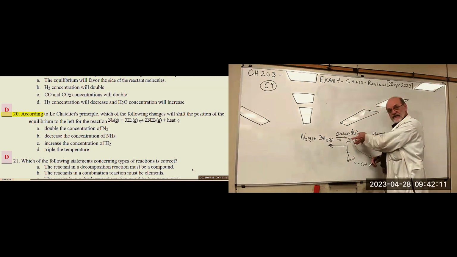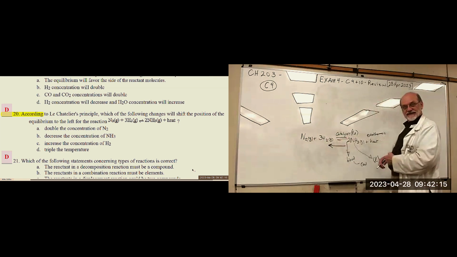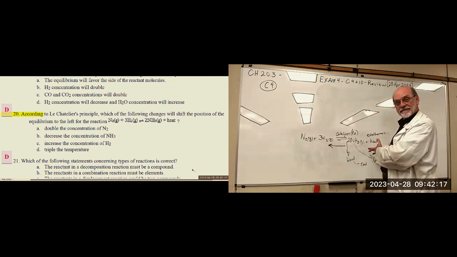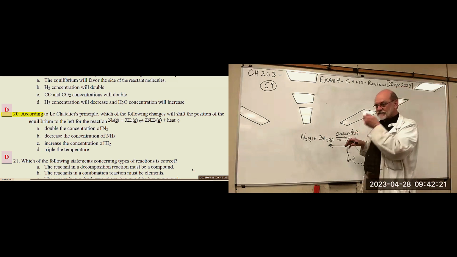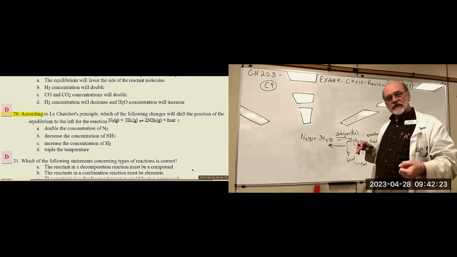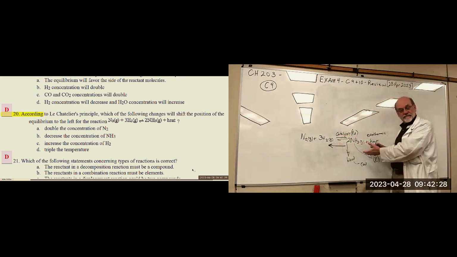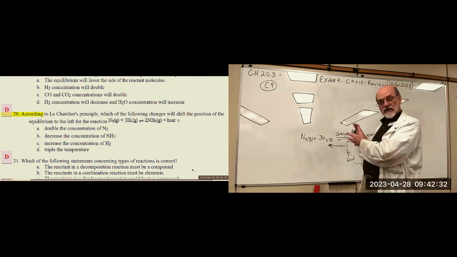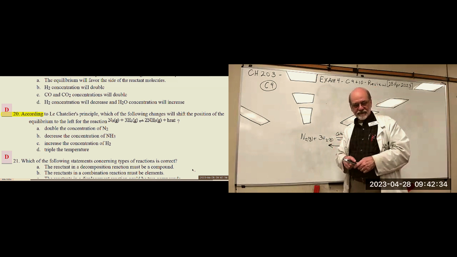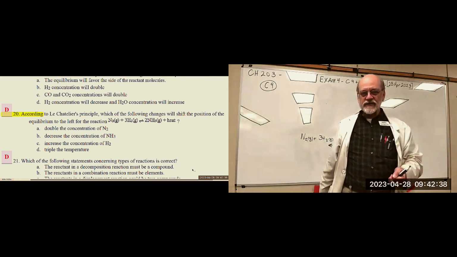He was removing this, which actually drove the reaction this direction, in spite of the fact that there was heat there. Okay, and it was happening a lot faster. So the end result is he was able to produce ammonia in sufficient economic quantities with that process. Even though Le Chatelier was against him.